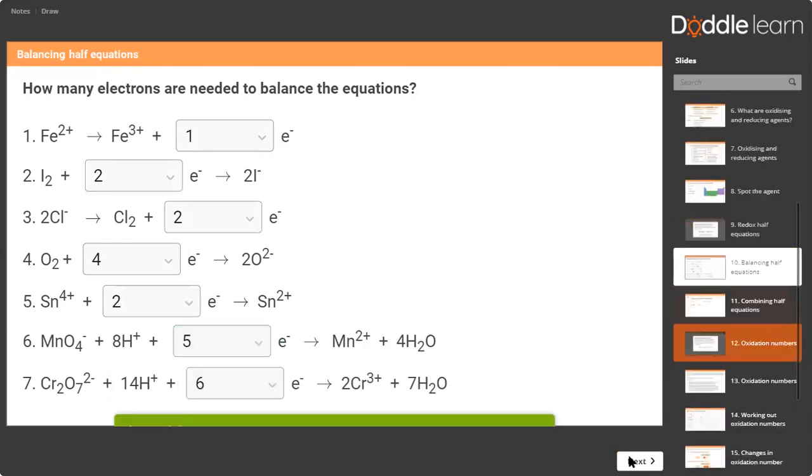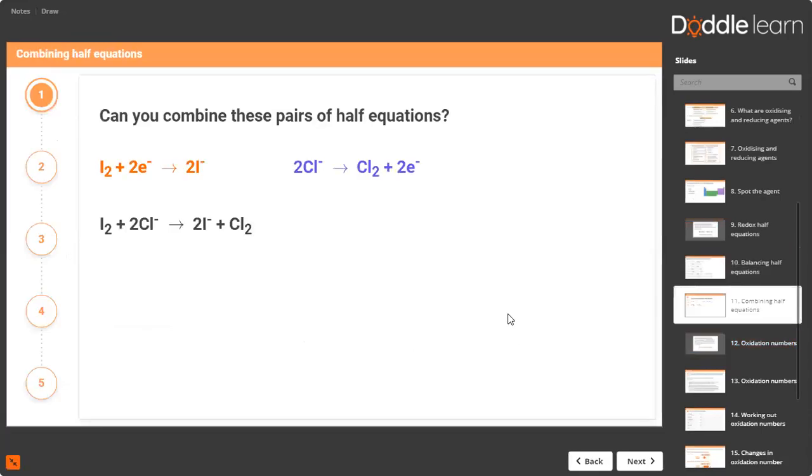So what we're going to look at now is combining those half equations. Can we combine these pairs of half equations? We've got iodine plus 2 electrons goes to 2 iodine ions, and then we've got 2 chlorine ions going to chlorine plus 2 electrons.